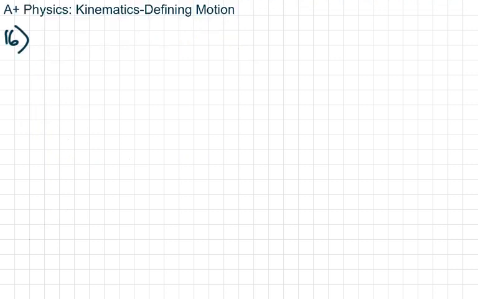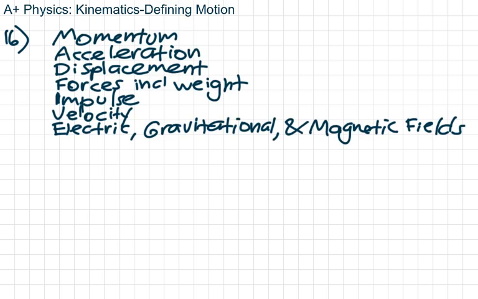16, which one's the vector? Well, you should remember the mnemonic, MAD5, which lays out all of the vectors. Here it is. MAD5. Momentum, acceleration, displacement, forces including weight, impulse, velocity, and all the fields, electric, gravitational, and magnetic fields. MAD5. So yeah, that's the best mnemonic I've seen, or like our way of remembering the vectors.